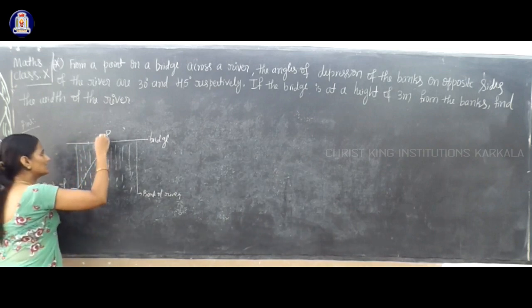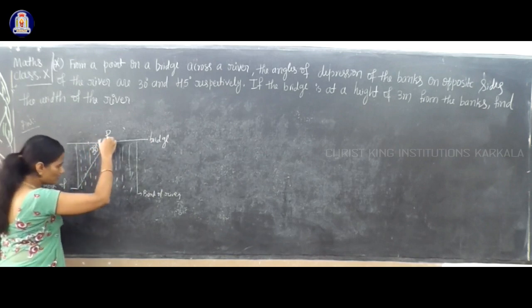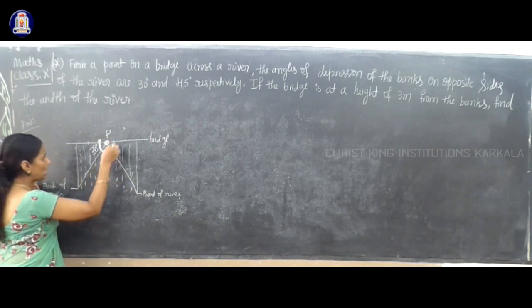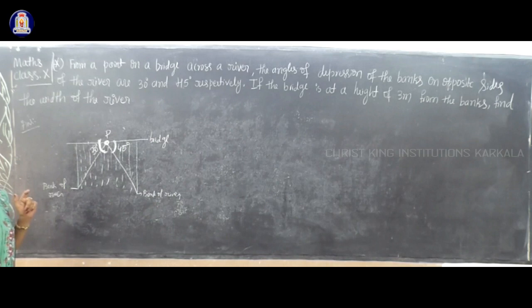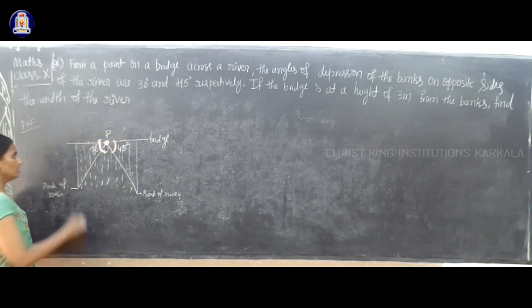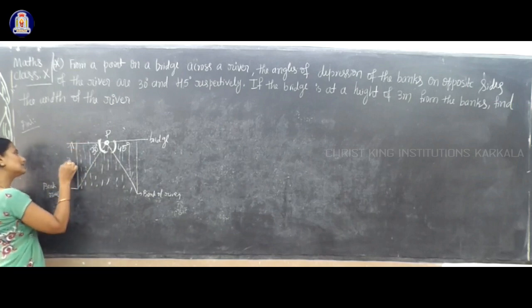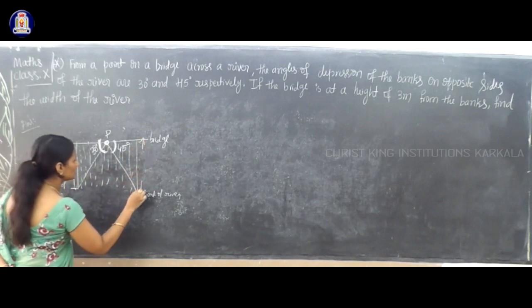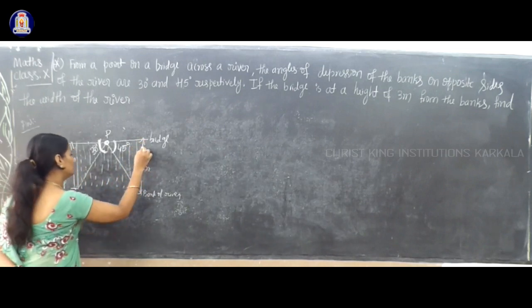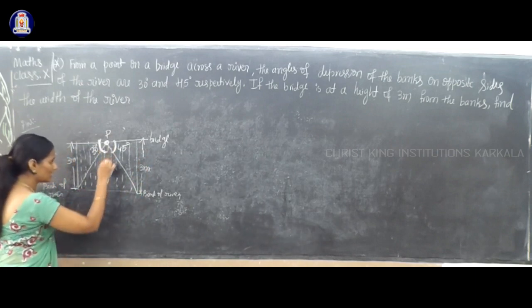So this angle is 30 degrees, and from this point to this, the angle is 45 degrees. If the bridge is at a height of 3 meters, this height is 3 meters, and this height is also 3 meters.